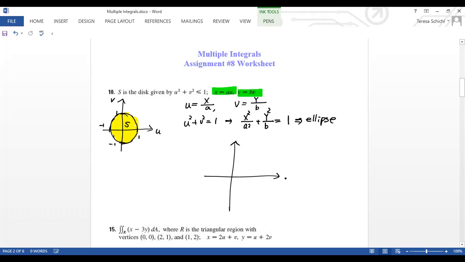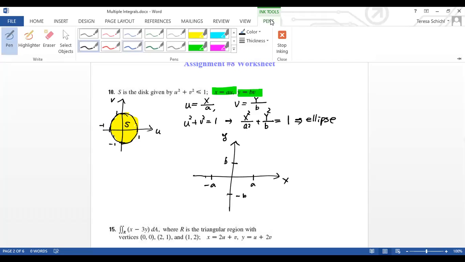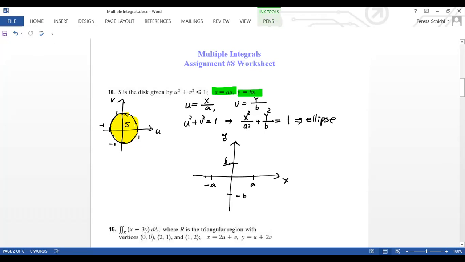Now I can do the xy, so what was the original? Because this is an ellipse, I know the x intercept here is a, and this is negative a. Depending on whether a or b is bigger, we don't know, so we can just draw it like this. So it's an ellipse here. Now I can just graph this ellipse.